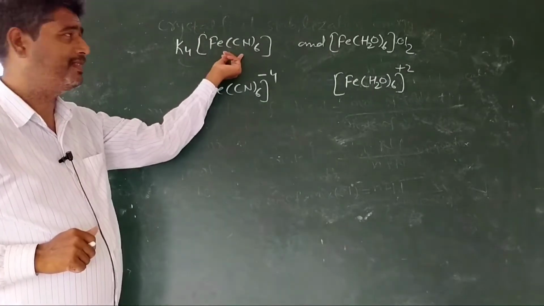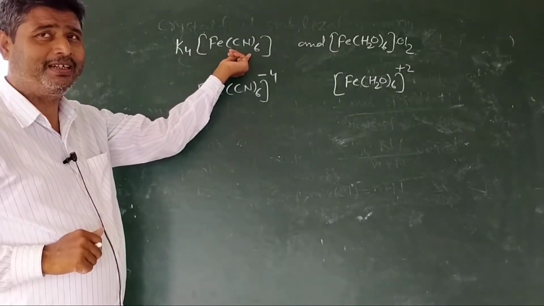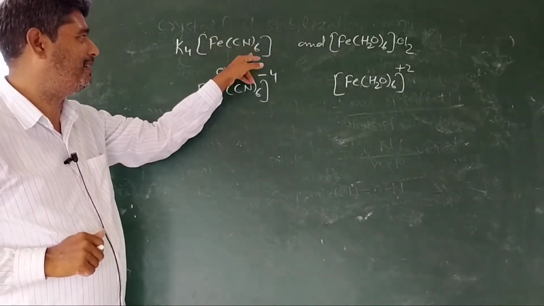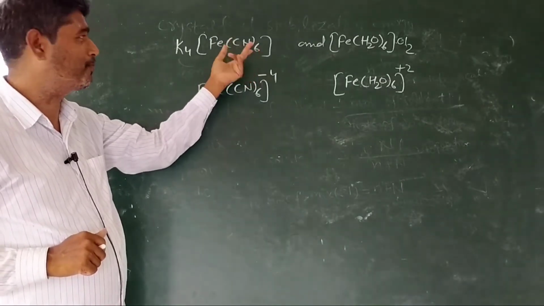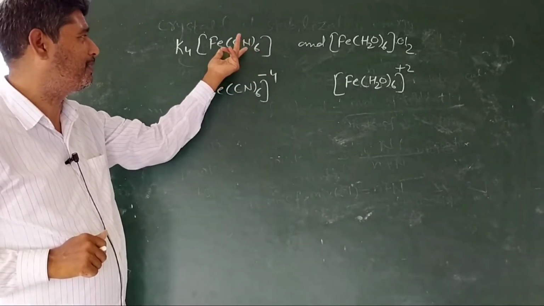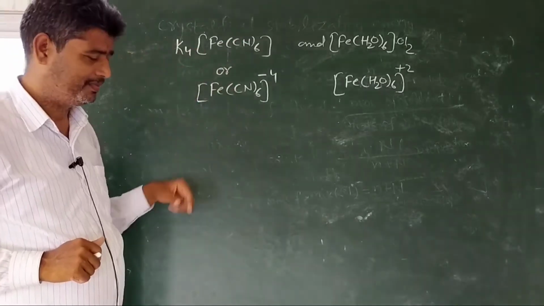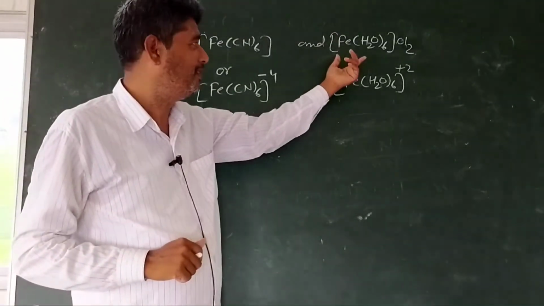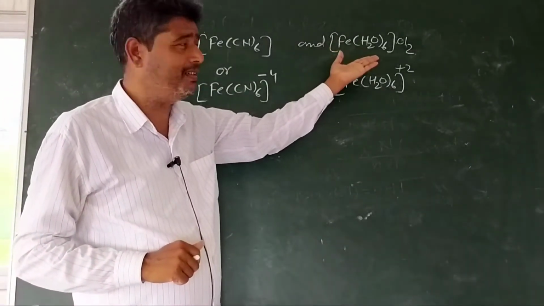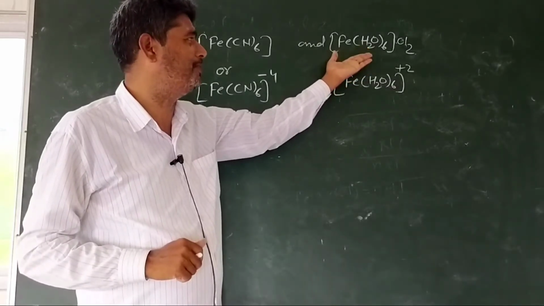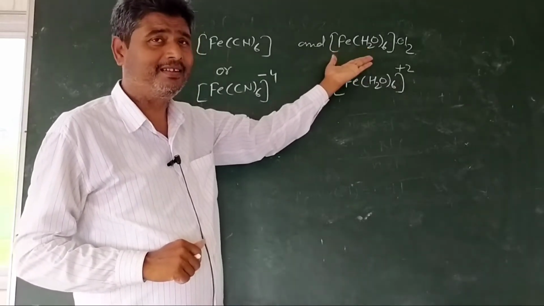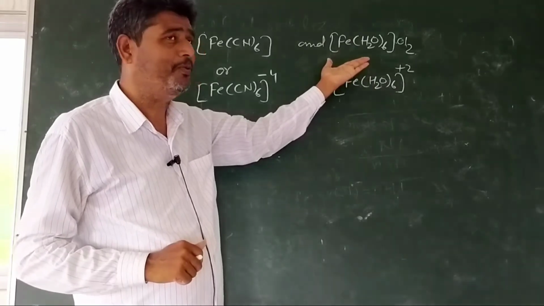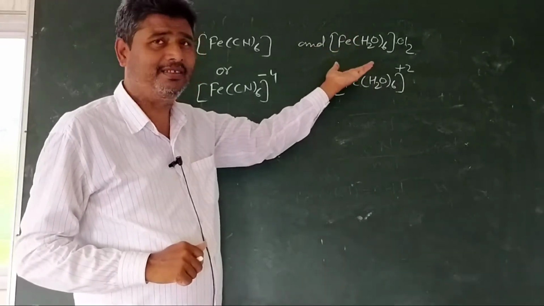In the first case, cyanide is the ligand, it is monodentate, and the number of cyanides is 6. 6 coordinate bonds will be set up here, hence the coordination number is 6. Similarly for this, water is also a monodentate ligand and the number of water molecules is 6. Hence 6 coordinate bonds would also be formed here.